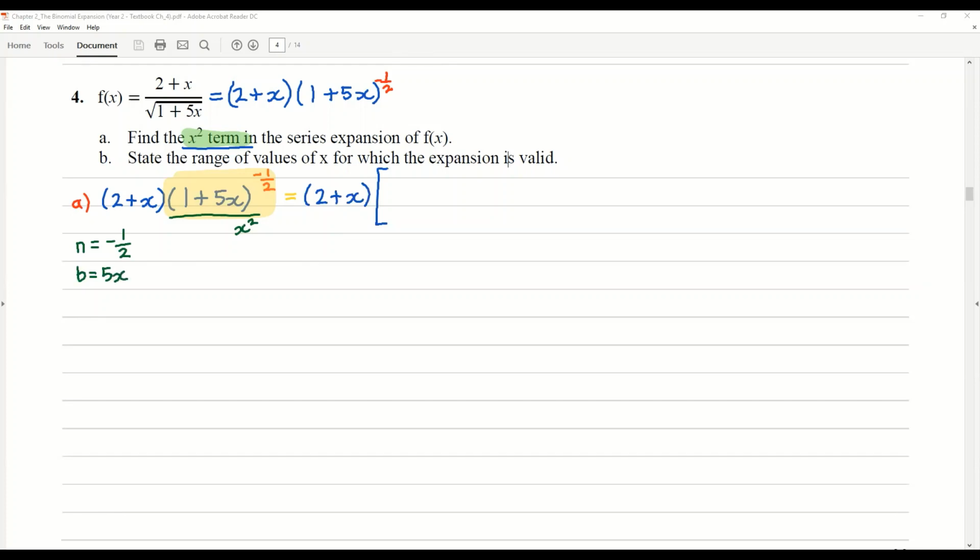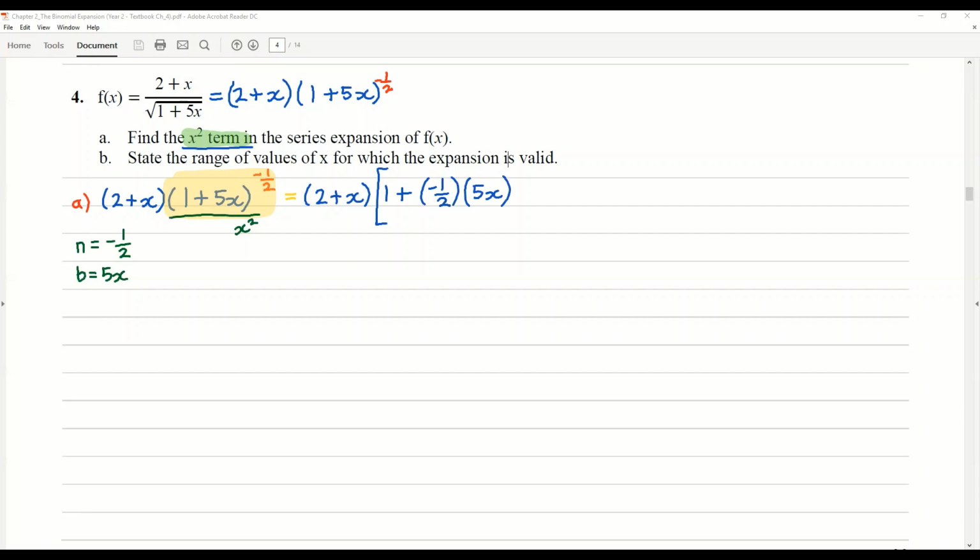So this is a real challenge, isn't it? We have a negative fractional power. Sorry, I beg your pardon, 1 plus nb. So negative 1/2 multiplied by 5x. That's the first two terms.